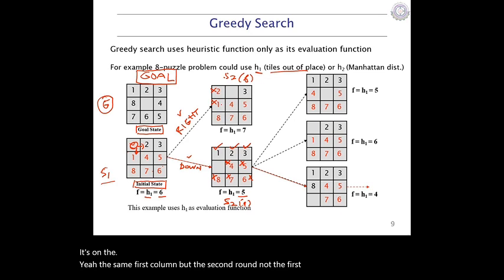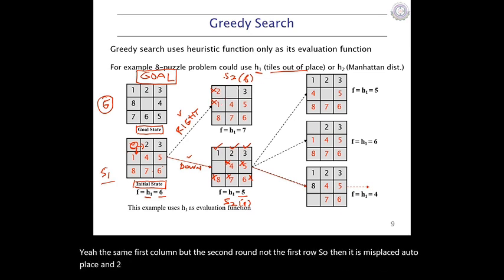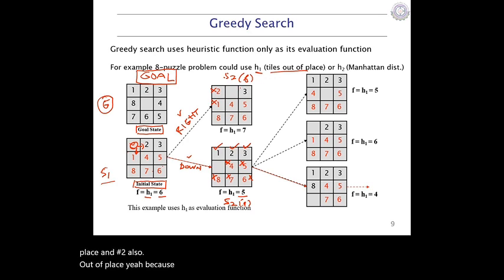So it is misplaced, out of place. And number 2 is also out of place, because in the goal it is on the first row, the second column, but in S2B it is in a different column, so misplaced.